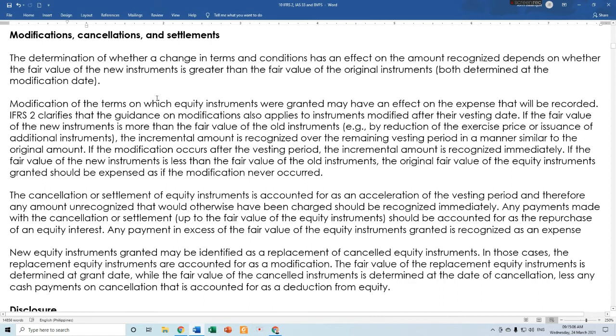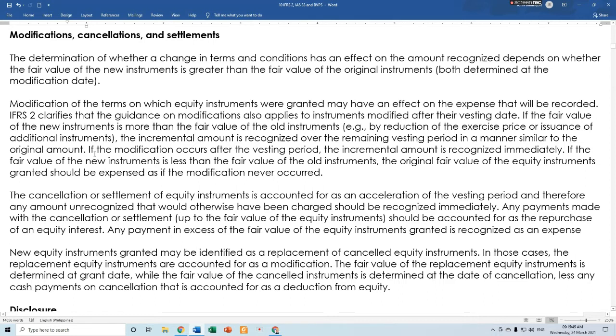Modification of the terms on which equity instruments were granted may have an effect on the expense that will be recorded. Of course, kasi makaka-affect yung fair value or makaka-affect sa fair value. IFRS 2 clarifies that the guidance on modification also applies to instruments modified after their vesting date. If the fair value of the new instrument is more than the fair value of the old instrument, okay, example by reduction of the exercise price or issuance of additional instruments, the incremental amount is recognized over the remaining vesting period in a manner similar to the original amount.